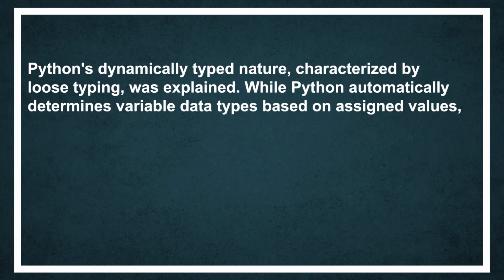Variables, akin to containers holding data, were also introduced. Now, Python's dynamically typed nature, characterized by loose typing, was also explained, where Python automatically determines variable data types based on the assigned values.